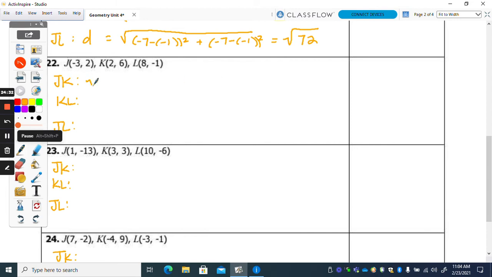Square root of 41, okay? And the distance from K to L? Okay. And Xander, the distance from J to L?